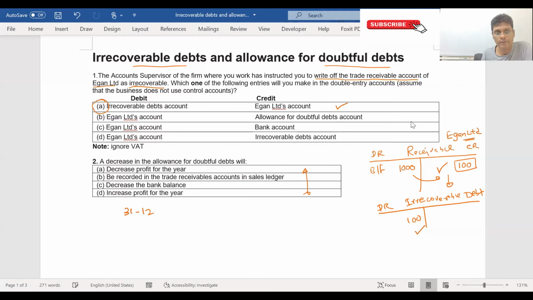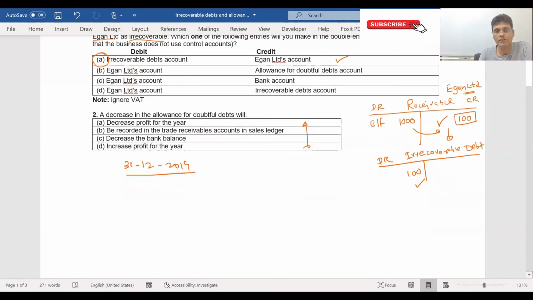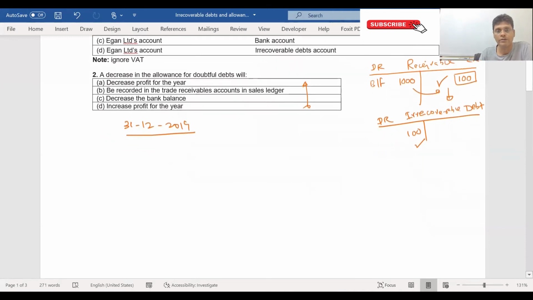31st December 2019. We'll take two scenarios, just to understand the impact on the statement of profit and loss. So on 31st December 2019, let's say we had a receivable balance of $1,000.